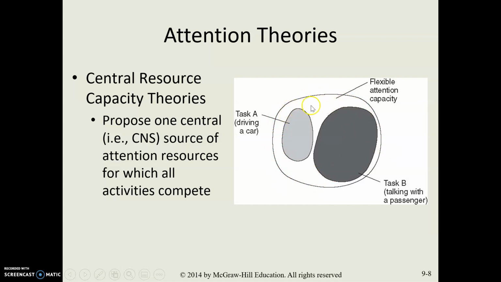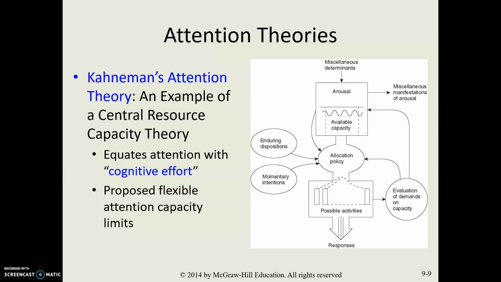Once we attend to so many things, we have no more room in our central resource, and then we are no longer able to attend to anything else. So that's the central resource theory. Kahneman is an example of a central resource theory, so I encourage you to read through Kahneman's specific model for attention. Here it is in a visual format.